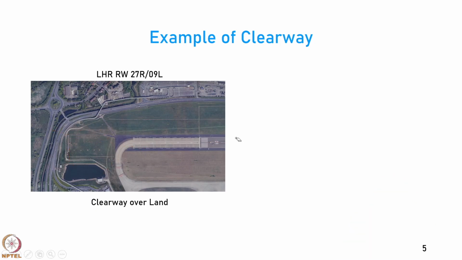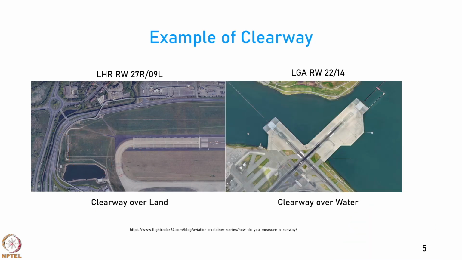As I said, it need not always be over land. You can also have a clearway over water. Here is an example of LaGuardia Airport in New York. On runway 22/04, the clearway is over water. You can see here that the runway extends up to this point and this area is the clearway. You can also see that some avionic equipment have been mounted on water beyond the clearway to provide guidance to the aircraft.